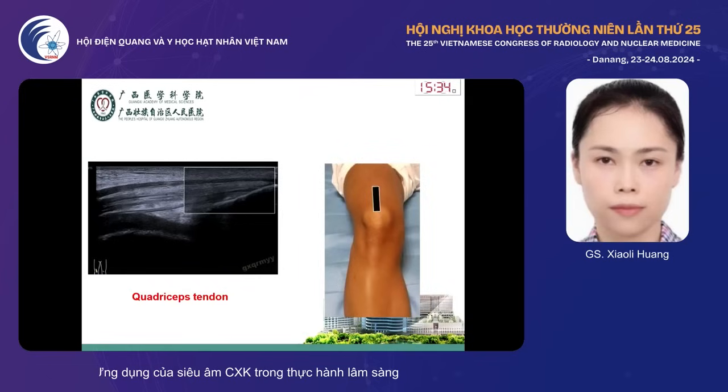If you need to examine the quadriceps tendon of the knee joint, place the probe here, and you can get an image like this.